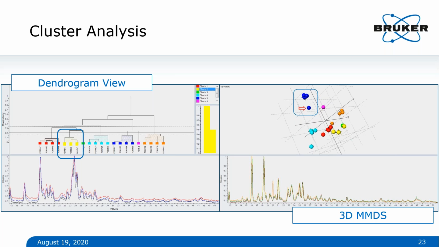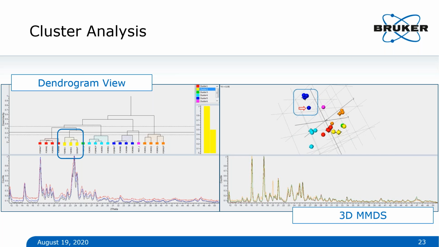This blue cluster has three members that are very close to each other and one seeming outlier. So even though they are very similar to each other, within this family there is one person who dances to their own drum, right? Marches to the beat of their own drum.